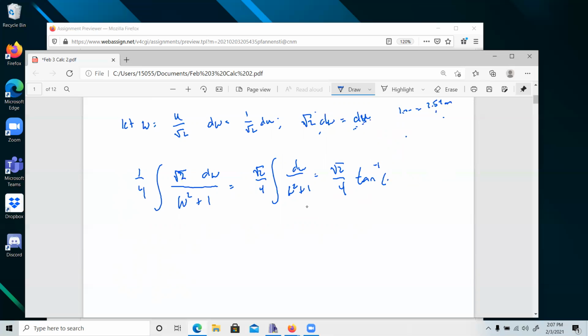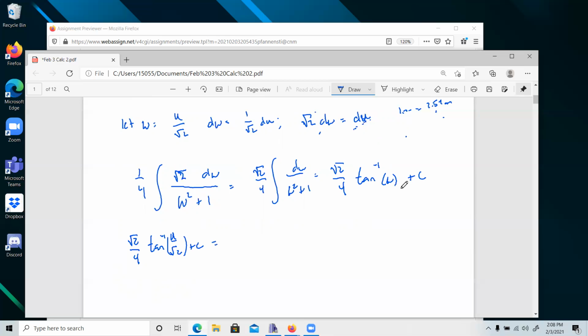So we're going to have the square root of 2 over 4, and then we have tangent inverse of w plus c. And now we've got to untangle this knot we made that is w. And w was equal to u over the square root of 2. So it's square root of 2 over 4 tangent inverse of u over the square root of 2 plus c.